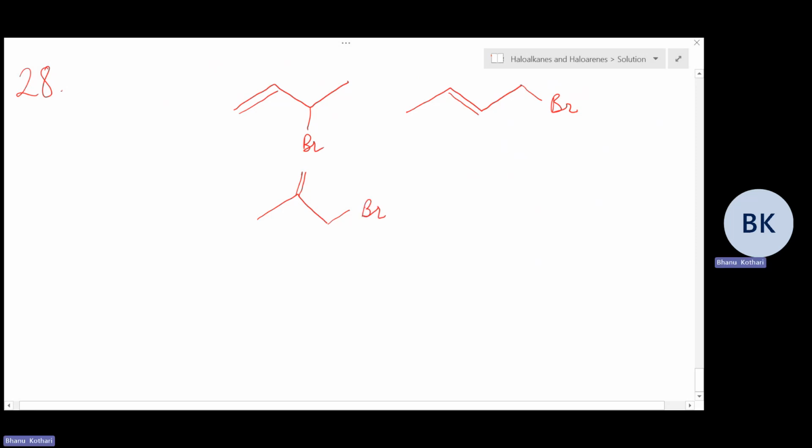This is also allylic. Allylic means what? The bromine atom should be attached on a carbon which is next to the carbon having double bond. These are the 3 allylic bromides.